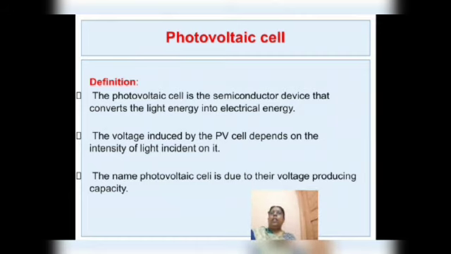The voltage induced in the PV cell, meaning photovoltaic cell, depends on the intensity of light incident on it. The name photovoltaic cell is due to its voltage producing capacity.